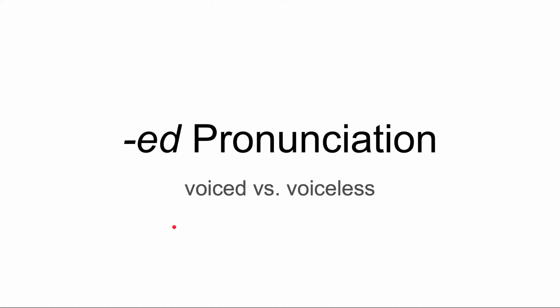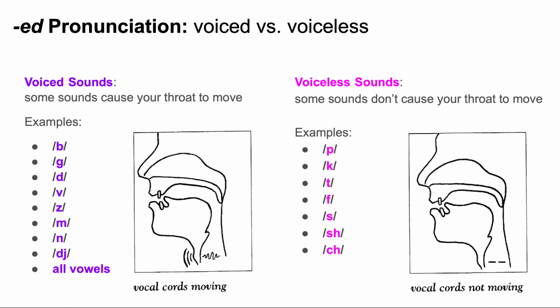Now let's look at voiced versus voiceless sounds. That is d versus t. Okay, voiced sounds. So what are voiced sounds? Well, some sounds cause our throats to move when we pronounce them. They cause the vocal cords in our throats to move.